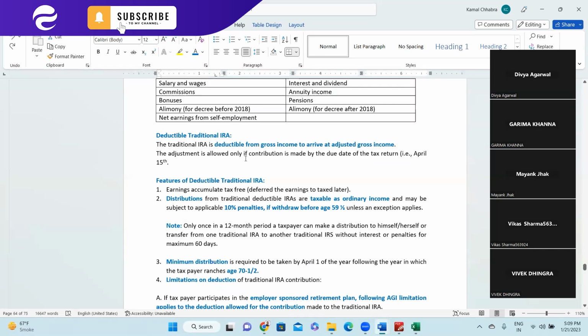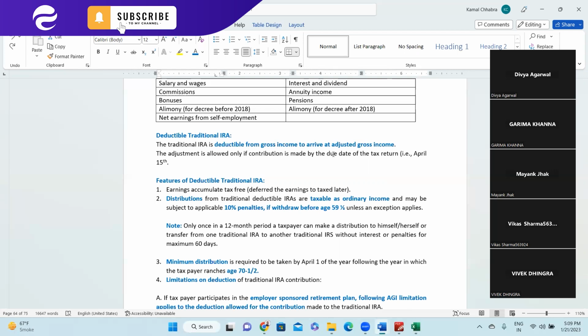The adjustment is allowed only if the contribution is made by the due date. This is also very important. If you make a contribution after the due date of the tax return, then it will be allowable in the following year, not the current year. What is the tax year generally for an individual? January to December.